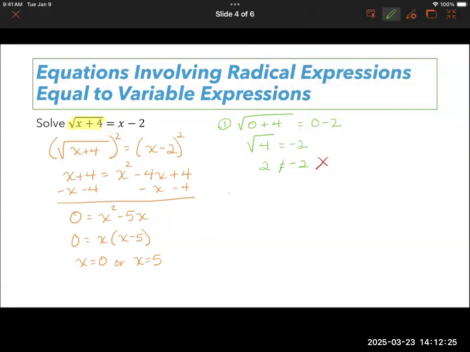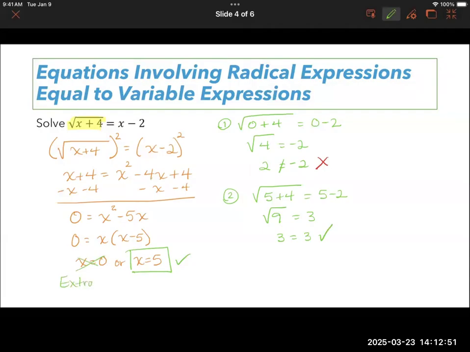Now let's check our other possibility when x is equal to 5. So I have 5 plus 4 inside the radical equal to 5 minus 2 on the right side. This will give us a square root of 9 equal to 3. And yes, 3 really does equal 3. So this one does work. So x equals 5 is our solution, but x equals 0 does not work.